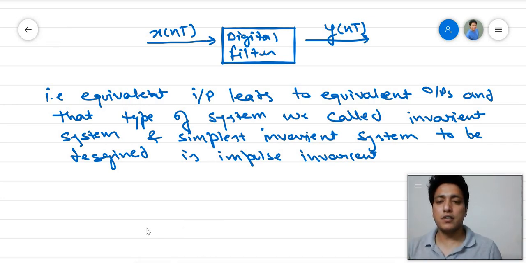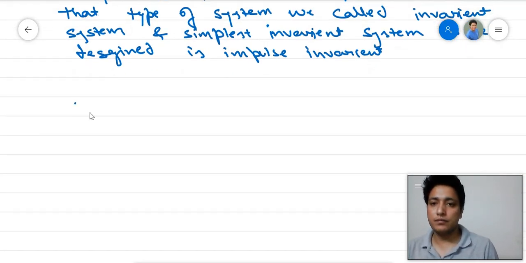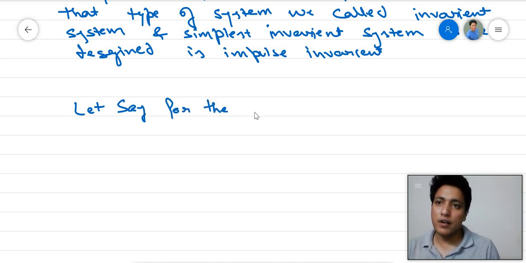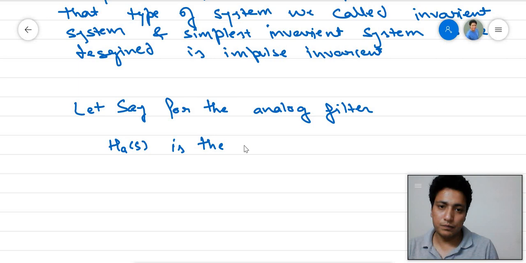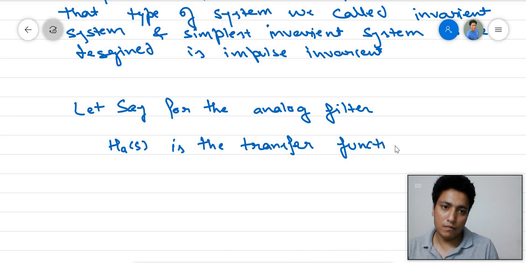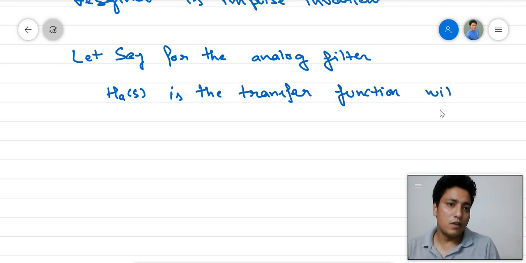Now we will start our discussion with the analog part. Let's say for the analog filter, H_a(s) is the transfer function with no repeated roots.